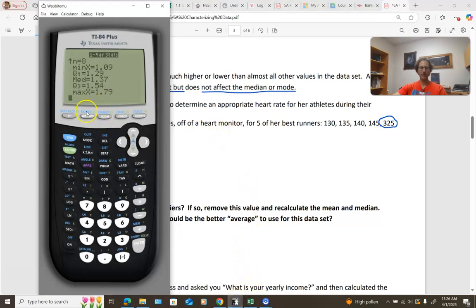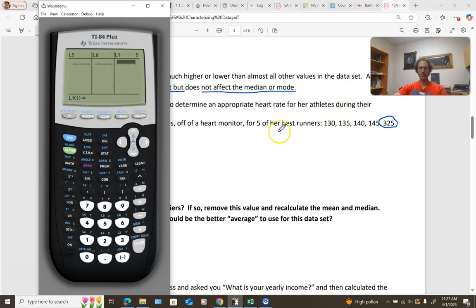I'm going to go back and use my calculator to illustrate this to you again. So I'm going to come back here to the stat key. I'm going to go to Edit, and scroll up to list 1. I'm just going to hit the clear button and hit enter, and that'll clear out all that data.